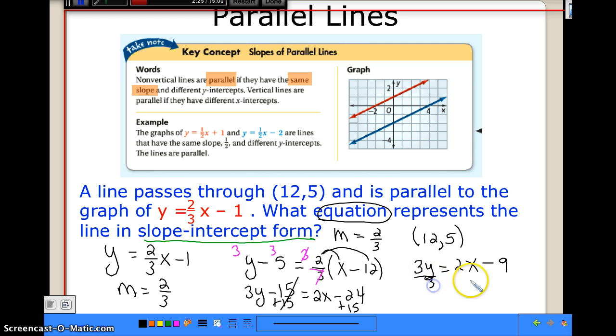Divide everything out by 3. That gives me y is equal to 2x divided by 3. Notice the slopes are still the same, minus 9/3, whoops, which is equal to 3. So that's what it looks like in slope-intercept form. This up here would be what it would look like in point-slope form.